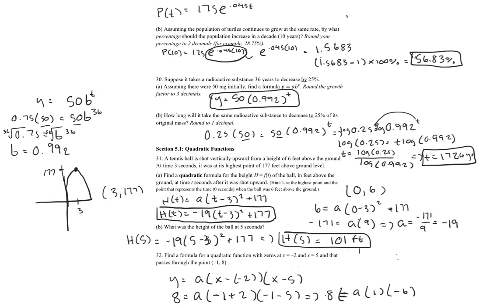Then we can plug that into our equation, and we get y is equal to -4 over 3 times x plus 2 times x minus 5. That's number 32.